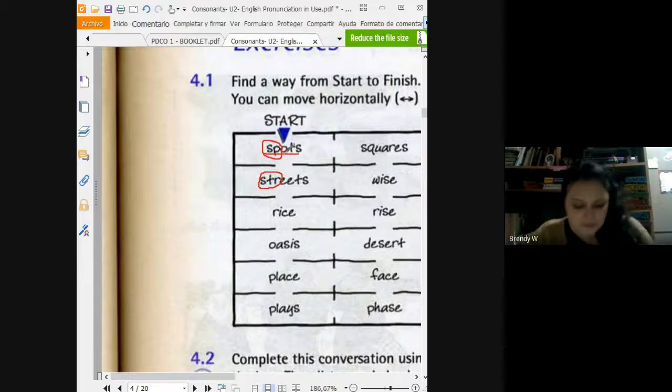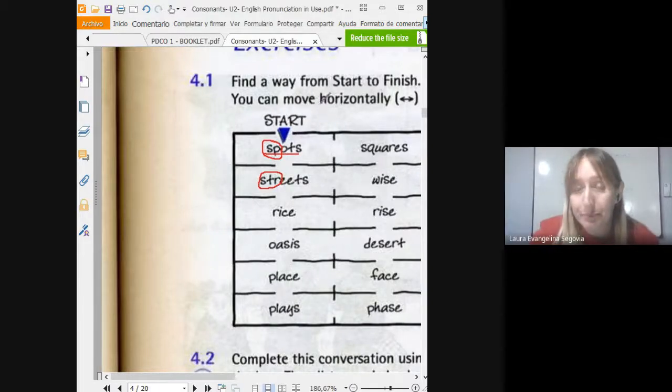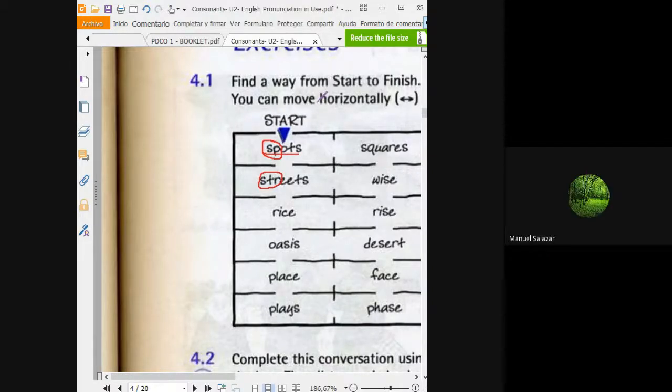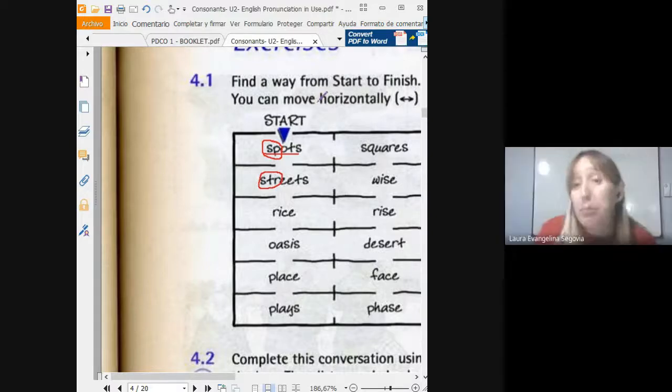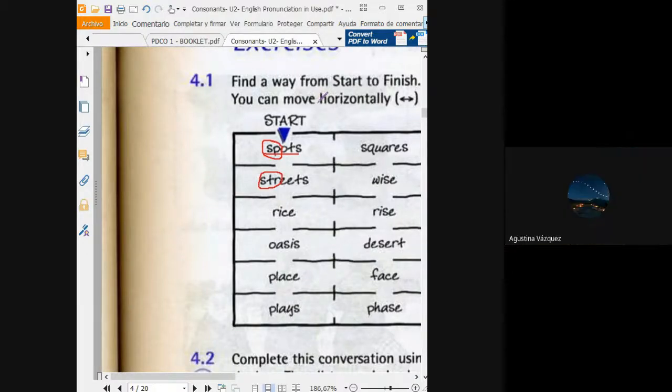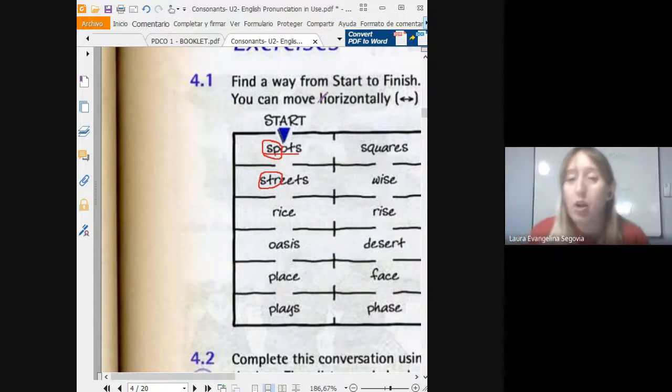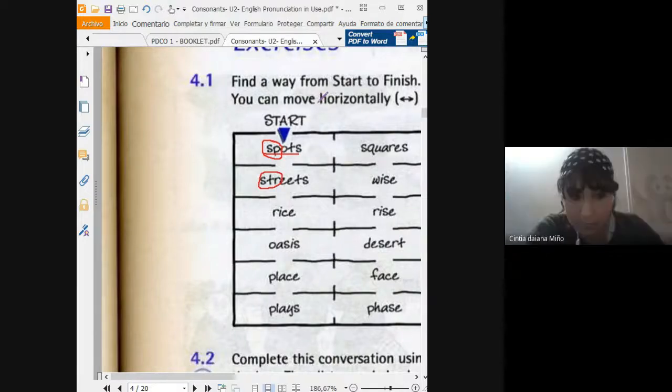And how do we call the vowel? The center. The peak, very good, Manuel, the peak or the center. And how do we call the last part? The coda. And the coda can also be divided.